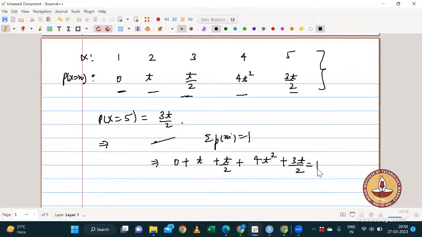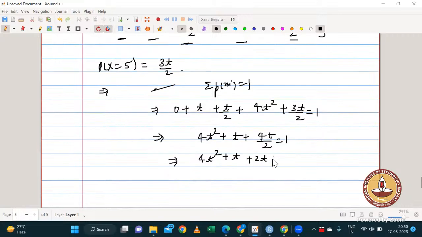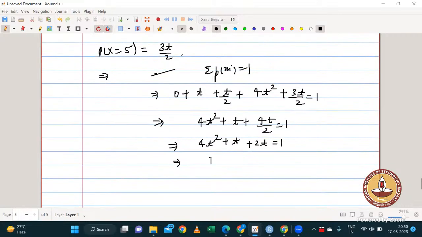So I will get 4t square plus 3t minus 1 equal to 0.